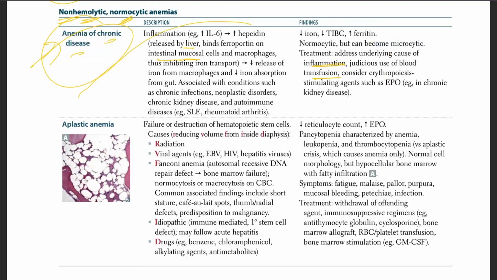All you have to know is acute phase reactants, increase in hepcidin, which is going to inhibit absorption from the gut as well as from the macrophages, leads to a lot of stores but nothing in blood. Treatment: treat the underlying cause. If that cannot be treated, like neoplastic disorders, then give EPO.